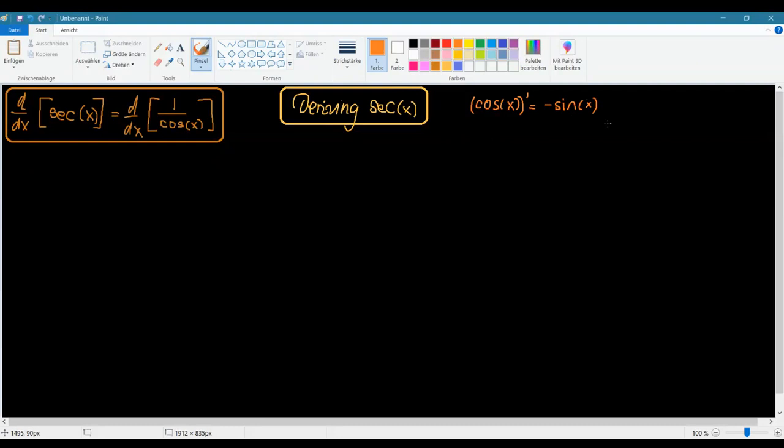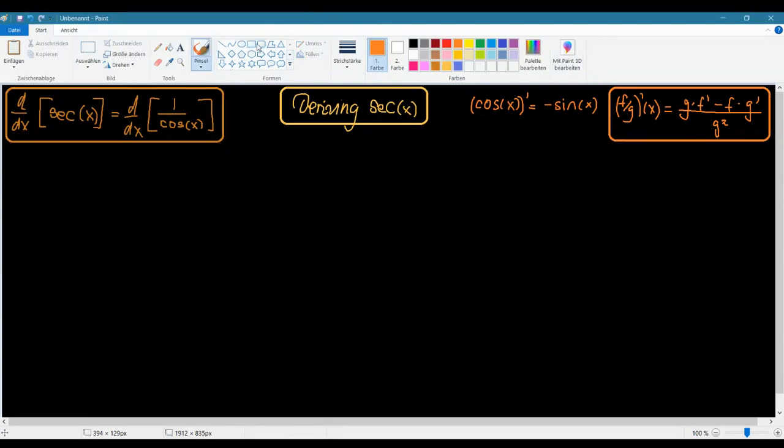The quotient rule is that if you have f over g, a function of x called f and a function of x called g, and you want to derive that, then what you do is you put g in the denominator and square it, and then the numerator looks like this. It's g times f prime minus f times g prime. And that's all that there is to the quotient rule.